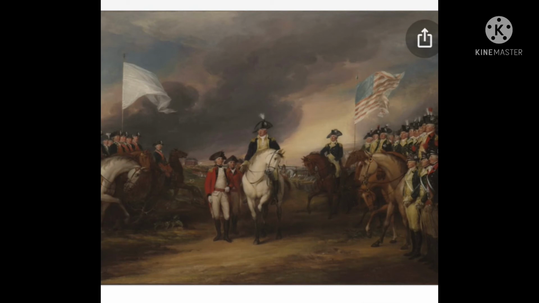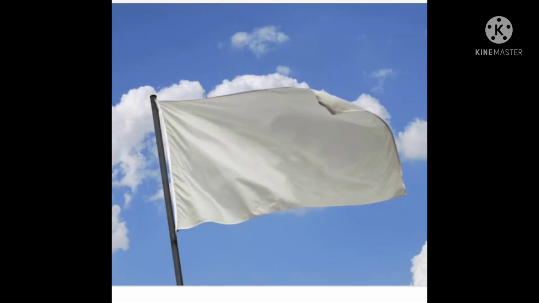Now, this is a picture of two armies, two countries at war, and when they meet at a point, you can see that one country has a white flag whereas the other country has a colored flag. So that they have come face to face. Beta, the white flag represents two things.